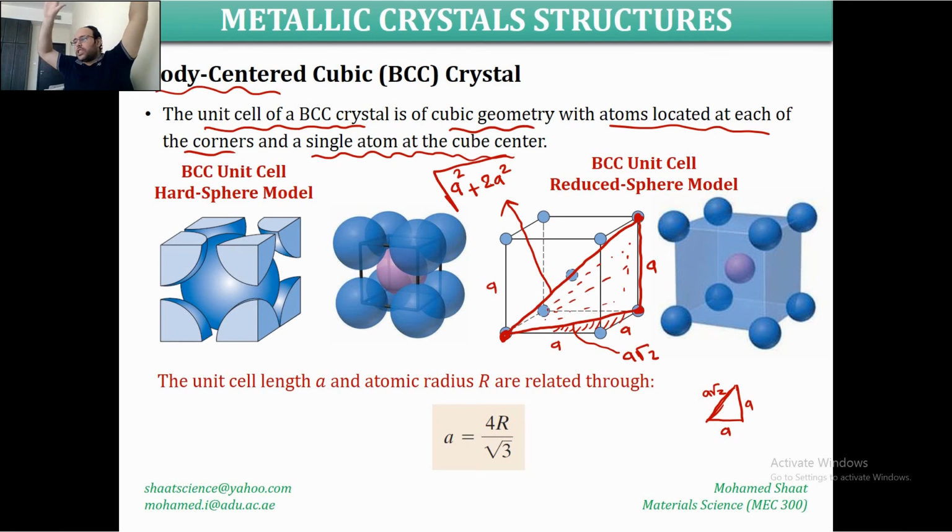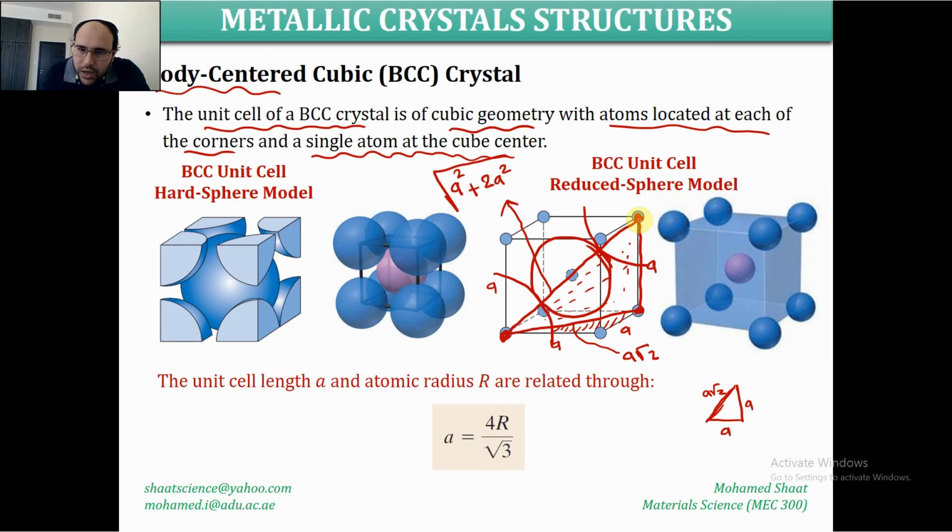All of these three atoms are tangent to each other, touching each other. It means that over this hypotenuse there should be a piece of an atom over this corner, another piece of an atom over the second corner, and one complete atom in the middle.